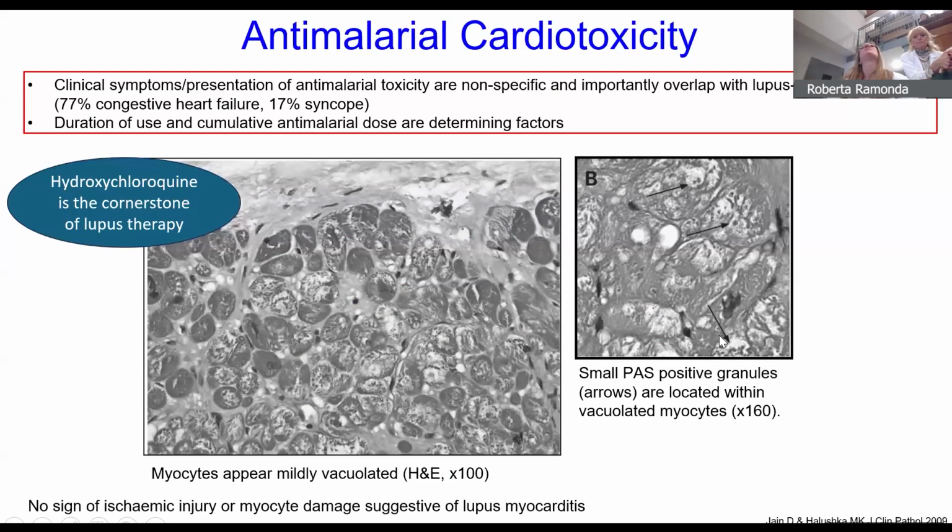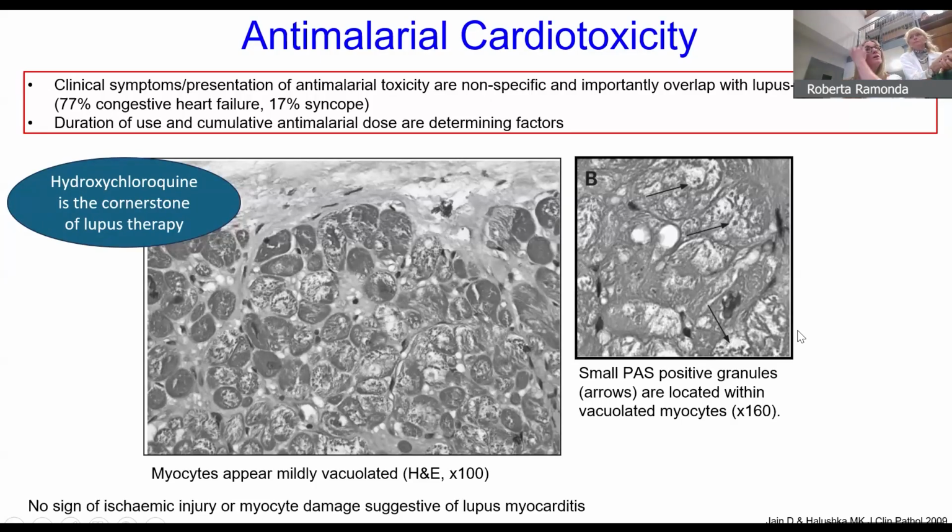The clinical presentation of iatrogenic damage from antimalarials may be very similar to that of myocarditis, because we can have heart failure with preserved ejection fraction, syncope, and other manifestations typical also of myocarditis.